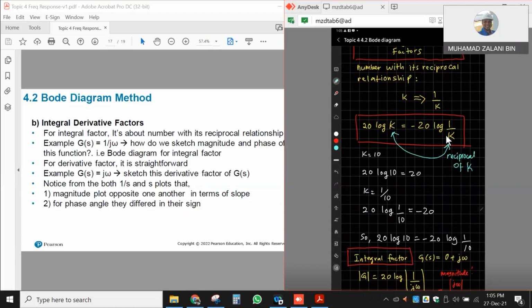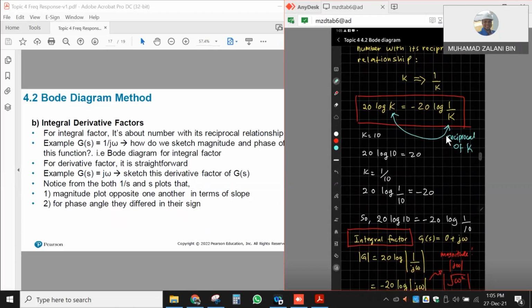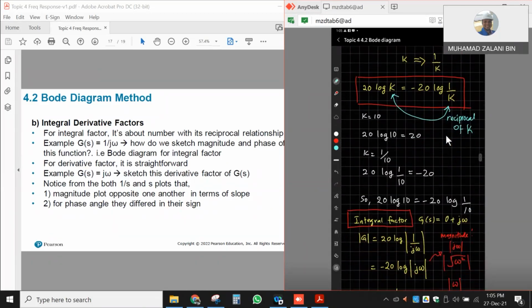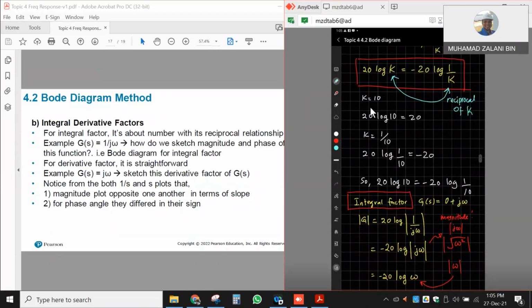Let's say for this case, if k equals 10, we can represent the power decibel as 20 log 10.